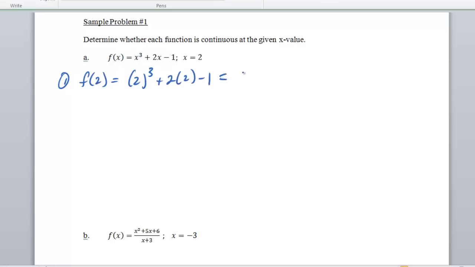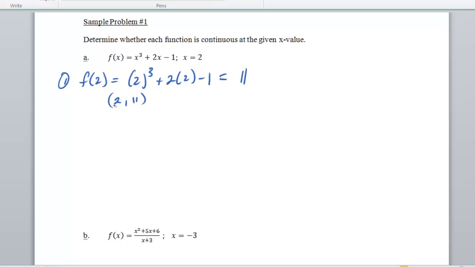And we can see that that is going to equal 11. And so we know we have a point on the graph that is (2, 11). And so we know that it's defined at that point.